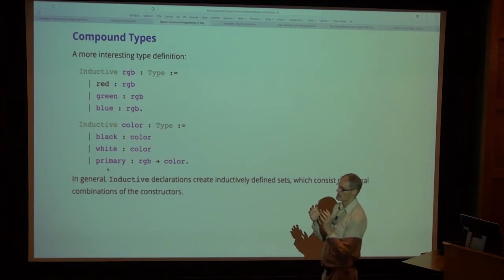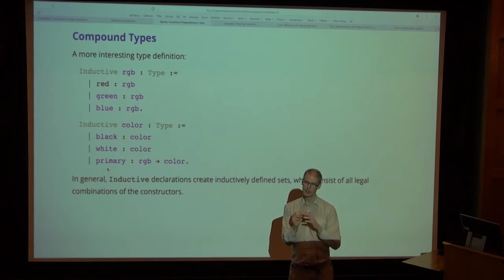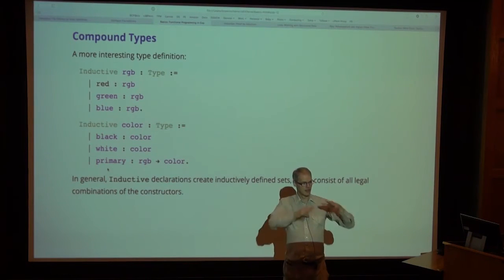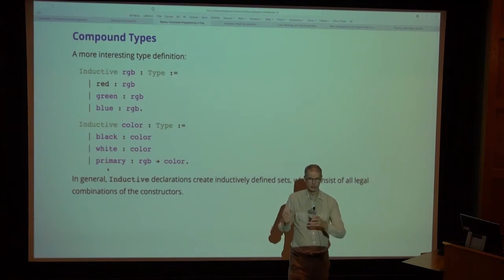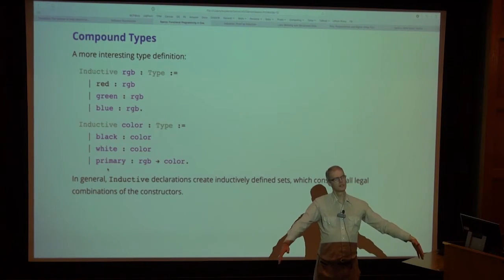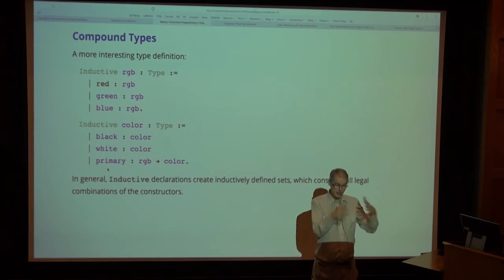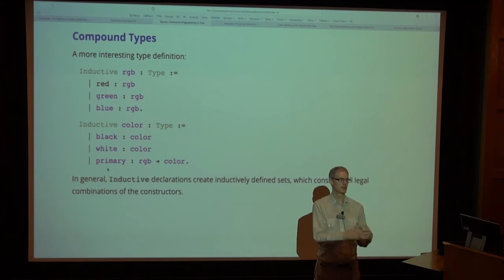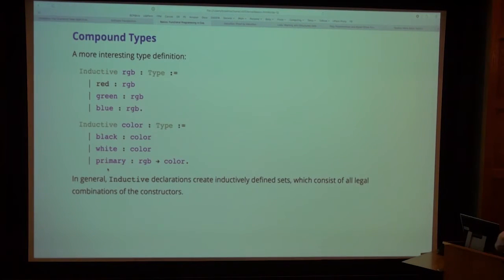So when we give an inductive definition, we're carving out a subset of those trees. Sorry, let's forget about the functions. We're carving out a subset of those trees and saying these are the ones that belong to this type. So you should think of the constructors and the ways of putting things together as existing before the types, and the inductive definitions as carving out a subset.